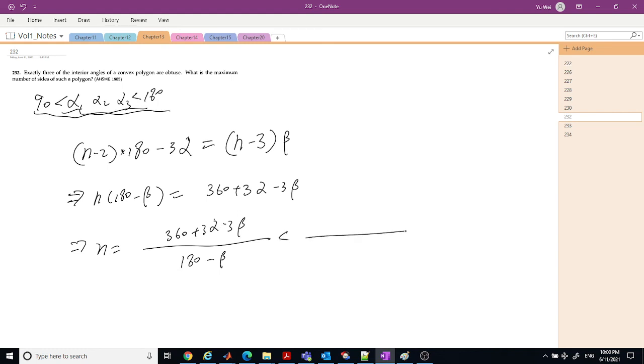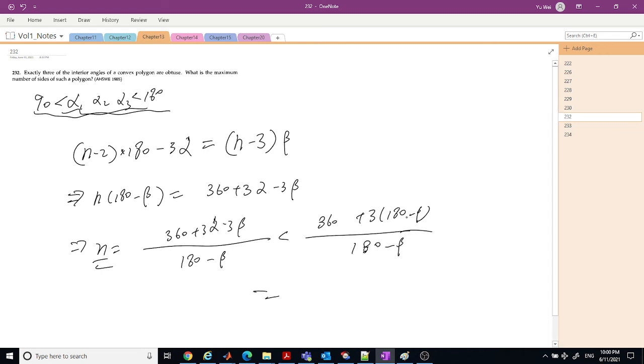So n is equal to (360 plus 3 alpha minus 3 beta) over (180 minus beta). In order to maximize n, we want alpha to be 180 degrees. So now it becomes 360 plus 3 times (180 minus beta), over 180 minus beta.